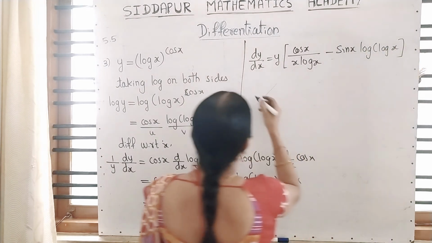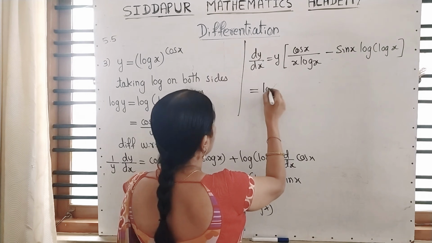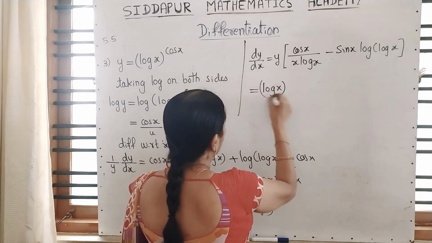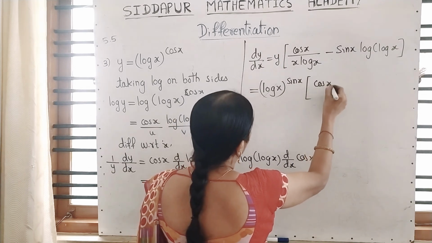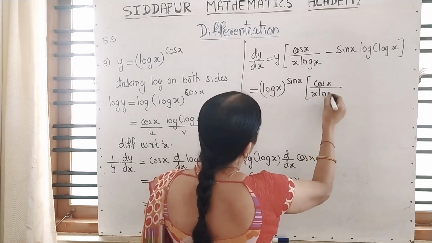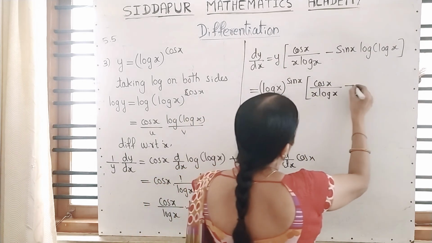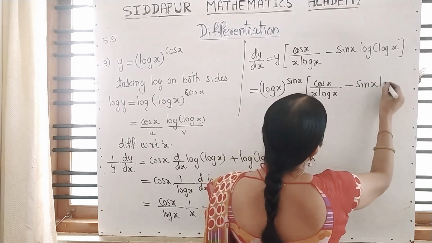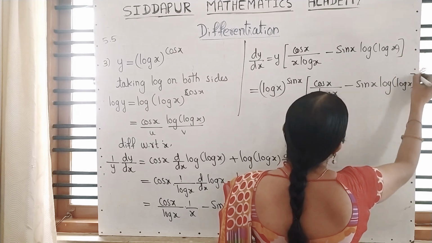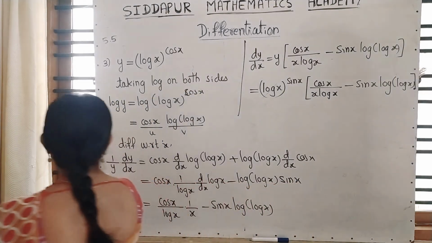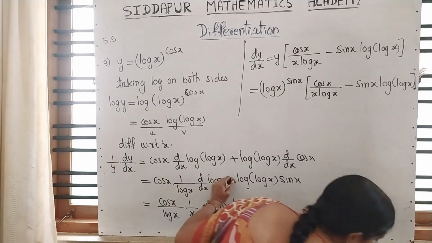Write down that y value. Y is log x raised to sin x in the bracket cos x upon x log x minus sin x into log of log x. Moving to the next question, that is question number 4.